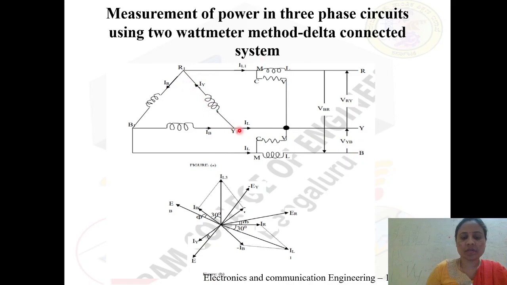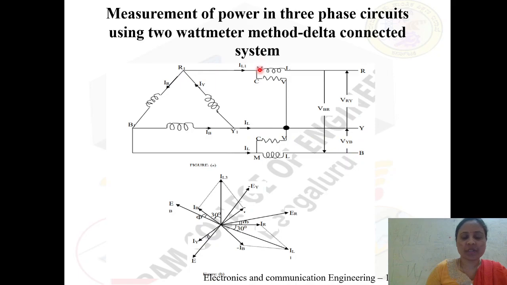Each coil has a starting and finishing terminal, and the finishing terminal of each coil is given to the starting terminal of the other coil. In this way, the coils are connected so that they make a closed path. Again, we have taken 2 wattmeters connected to 2 lines, and 1 line is kept not given to any wattmeter.